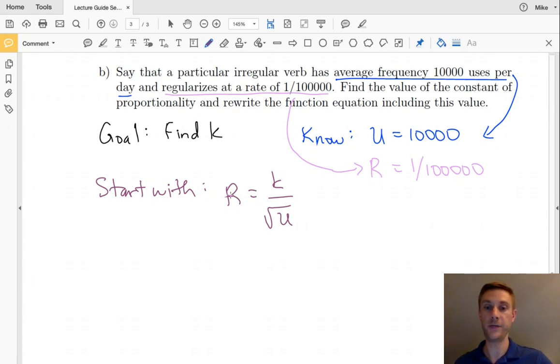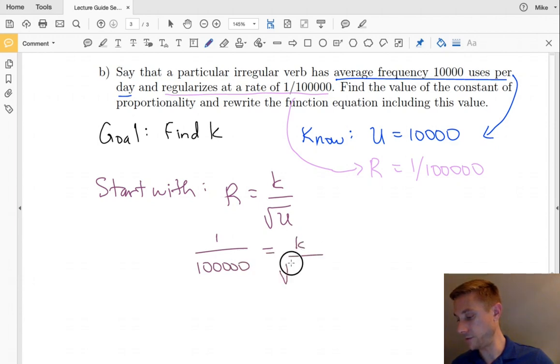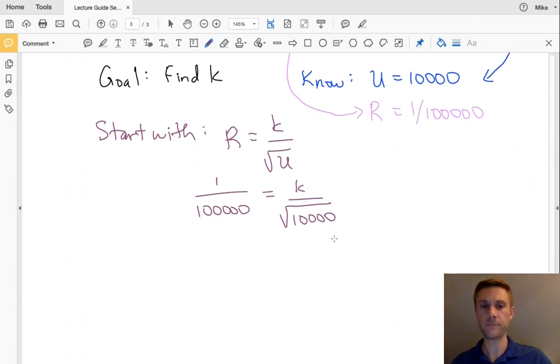And when we let the actual variables in this formula take on those numbers, you might notice, with r equal to 1 over 100,000 and u equal to 10,000, the only thing we don't know is that k. And that's fantastic. One equation, one unknown. We've got a pretty decent shot at putting that together.